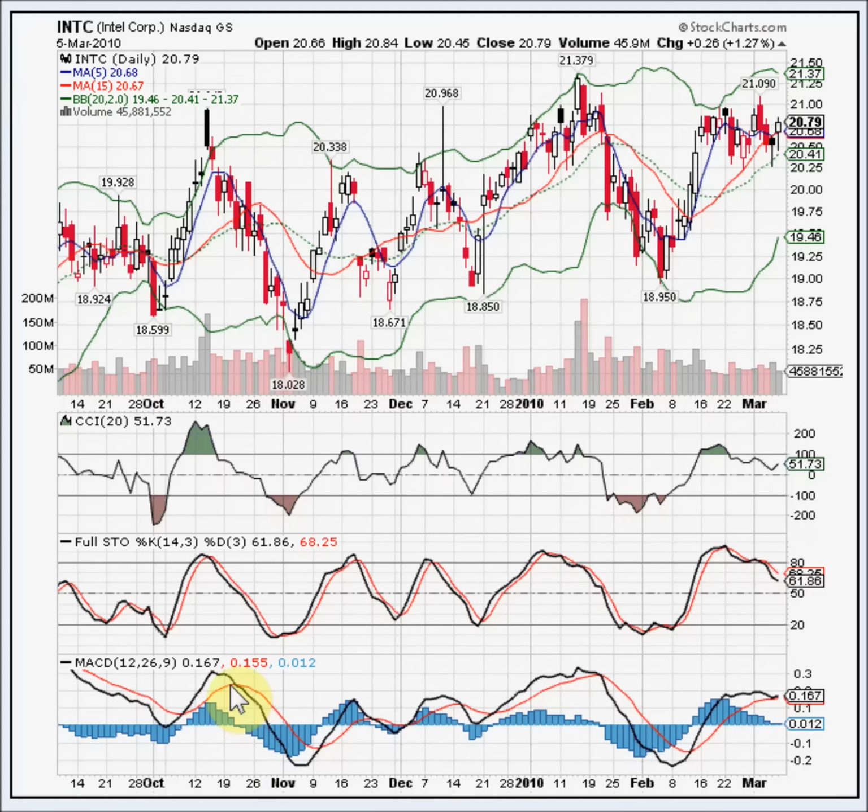Now this one was a little late because the CCI sell signal came right here, and this was a few days late. That's why I used the CCI.